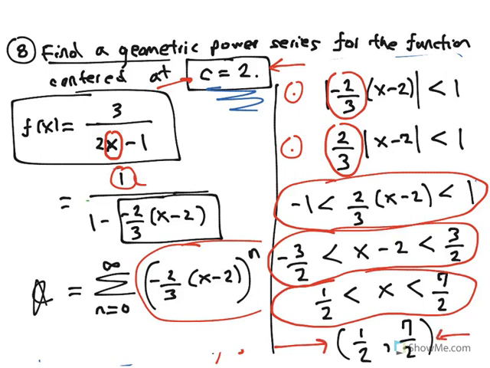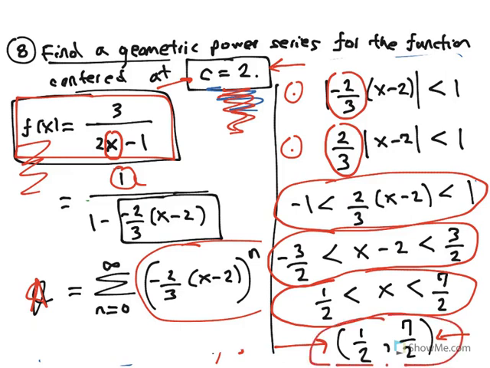In other words, for x values between 1/2 and 7 over 2, this geometric power series will represent our function exactly, and of course, this geometric power series is centered at c is equal to 2. So we found a geometric power series that exactly represents our function centered at 2, and it would exactly represent our function for these values of x.